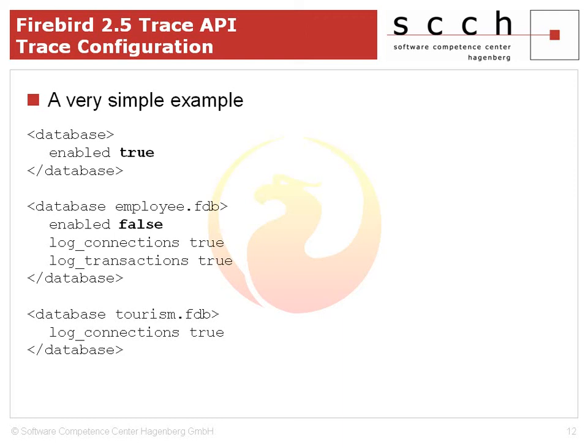For instance, if you want to trace a database called tourism.fdb, it automatically gets the enabled configuration parameter set to true, and you also specify that you're interested in tracing database attachment scenarios. With the employee.fdb entry here, the enabled configuration parameter is set to false, so tracing won't happen here.